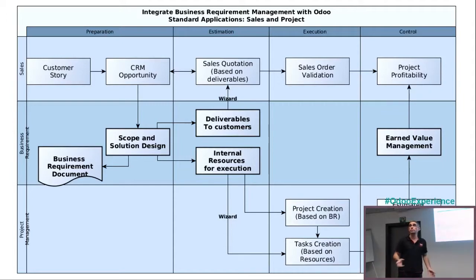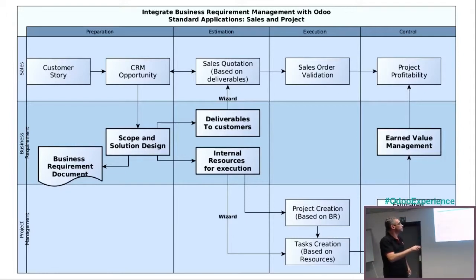Basically, what's the situation? Odoo does the project management and the sales part well. Where we had the difficulty was to link both the sales and the project management. So that's where the business requirement comes in, where we gather the information about the scope.